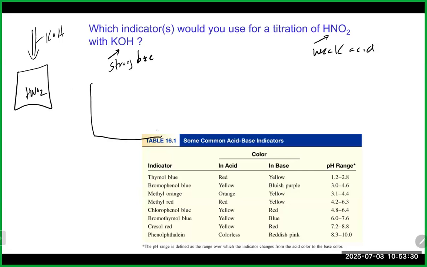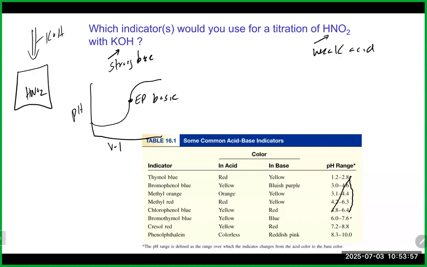We know from our titration calculation and also the curve, it should look something like this, where the equivalence point should be basic. So that pretty much will take out all of those as they work basically in the acidic range. So those are going to change color way too early for us, right? And it's not going to help us know when to stop our titration.